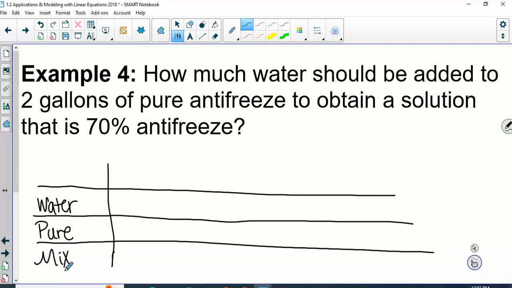Now, I don't care what you label it. If you want to call it first, second, and total, that's fine. If you want it to be water, pure, 70%, that's fine. I do want some kind of label here because this is what I'm going to use to identify my variable. And if you don't have any labels, then I still don't know what your variable is.